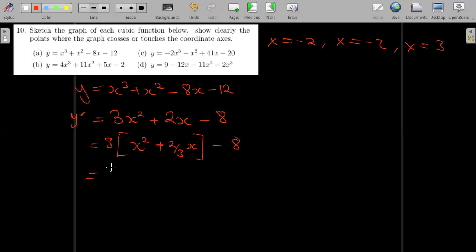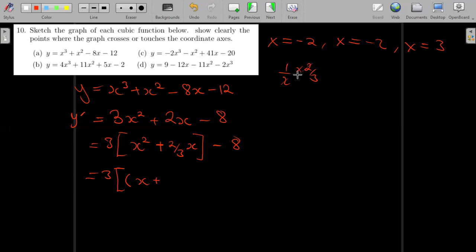Then what do I do next? 3 here. Then I can factor out inside. Remember, I get my x, then half this. So what's half of 2 over 3? I'm halving 2 over 3, like that.